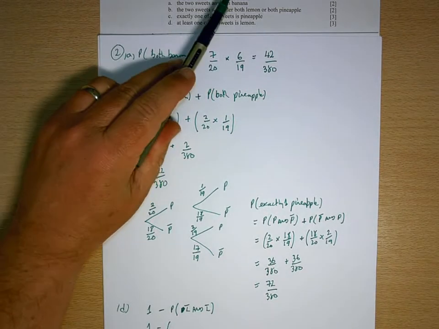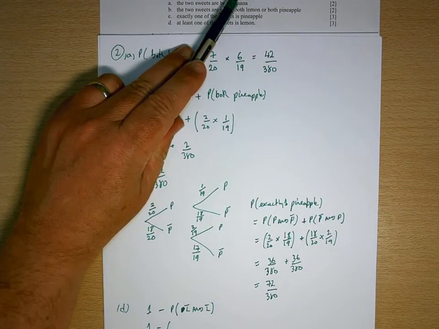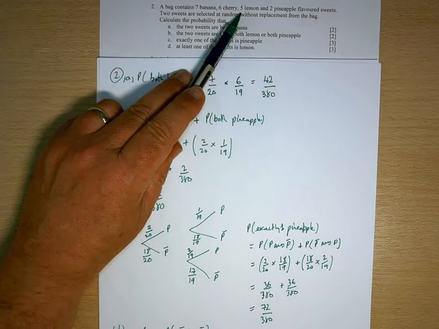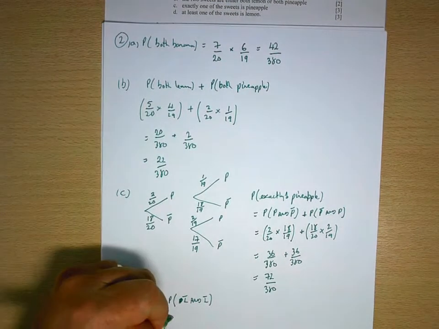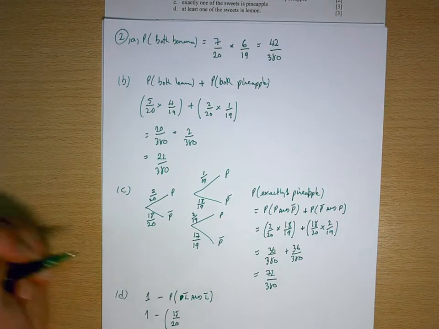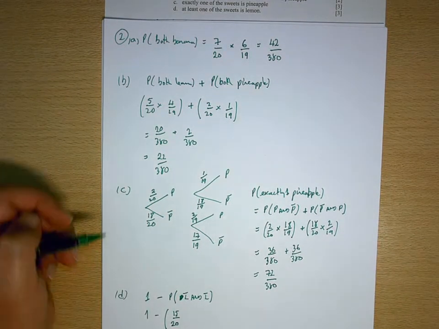So the probability of it not being lemon, well, in the first one, sorry, it's just dropped off the screen, there are 5 out of 20 lemons. So the chances of the first one not being a lemon is 15 out of 20.